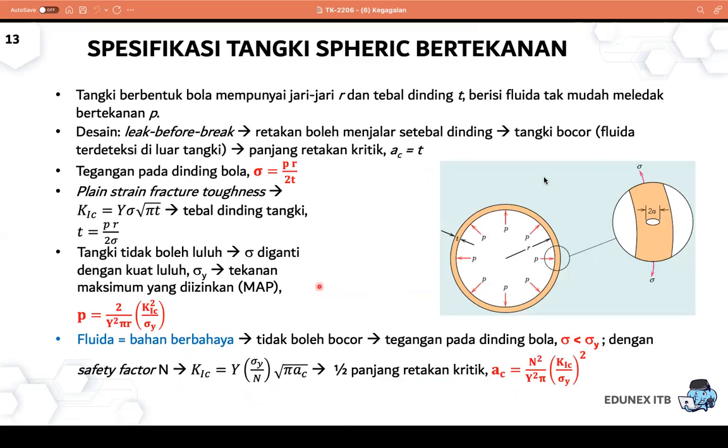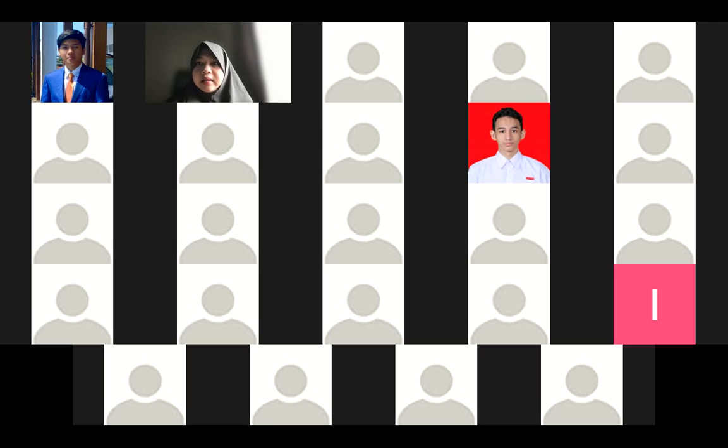Okay, so here, for example, we have a spherical tank, or maybe I can explain from the book, Callister.